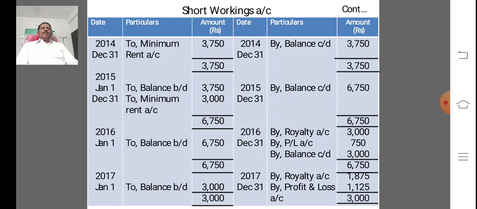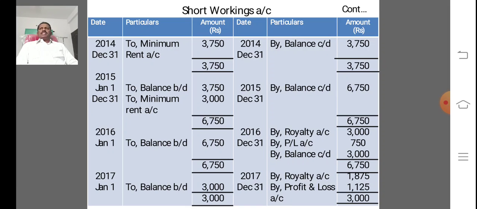This year's minimum rent short workings are 3,000. Total short workings in the year 2015 is 6,750. And on the credit side, the balancing figure 6,750 is balance carried down, and that amount is brought down to next year, 2016 January 1. To balance brought down 6,750.